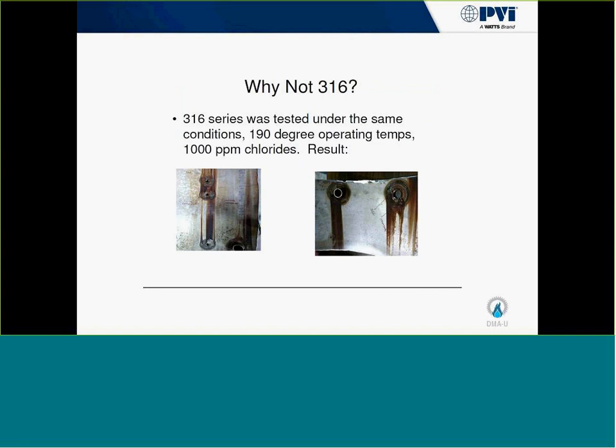Same duration, same water, same temperatures, same everything. So that's why 300 grade stainless has not traditionally been accepted in water heating applications, and 400 grade was, because of the water attacking that 300 grade, and basically the chlorine and chlorides in the system attacking that 300 grade stainless.